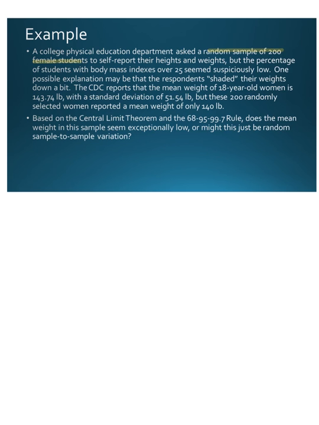The CDC reports that the mean weight is 143.74 with the standard deviation. But these 200 randomly selected women report only a mean of 140. Notice we're going to use the CLT and the 68, 95, 99.7 rule. Does this mean that the sample seems exceptionally low, or might this just be random sample-to-sample variation?